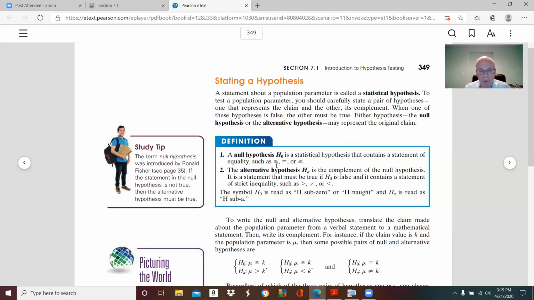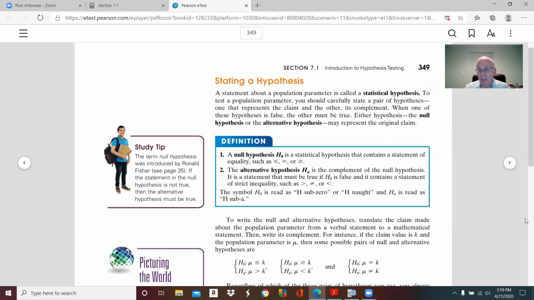So notice there's an equal in all three of these. This one is just a plain old equal. This is a less than or equal to, and this is a greater than or equal to. So the null hypothesis always has one of these three. The alternative hypothesis never has these three. It always has these three: greater than, not equal to, or less than.